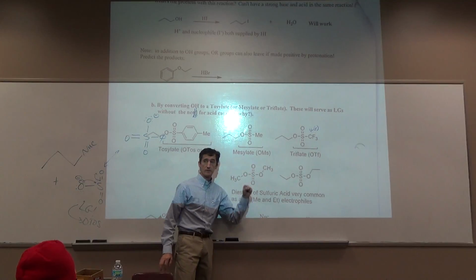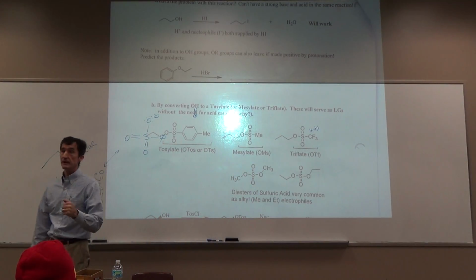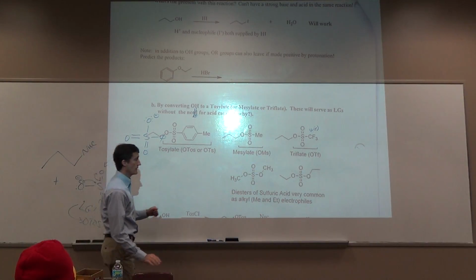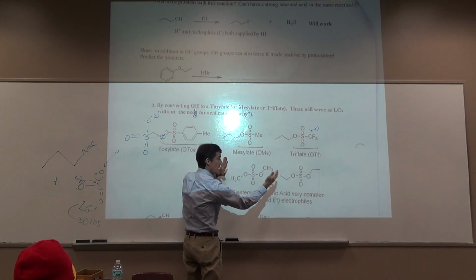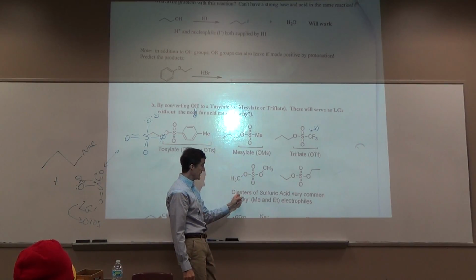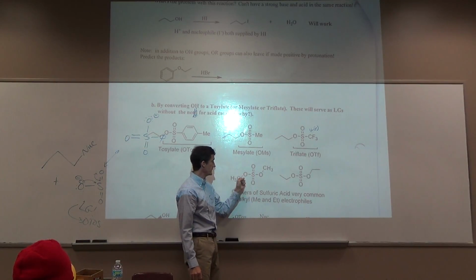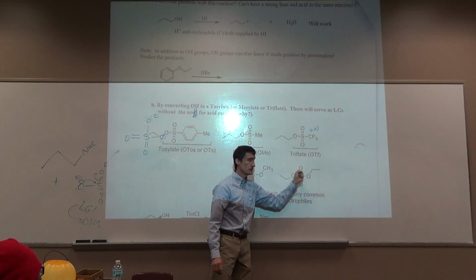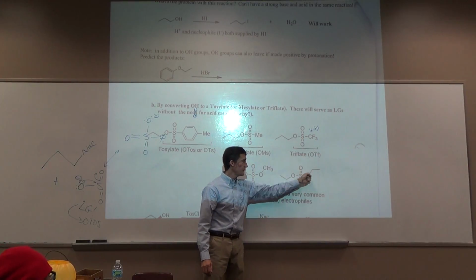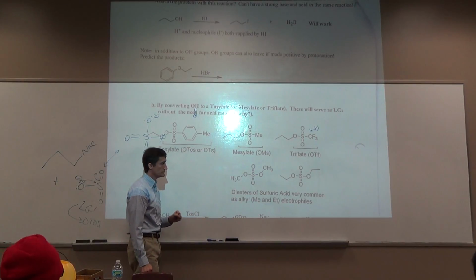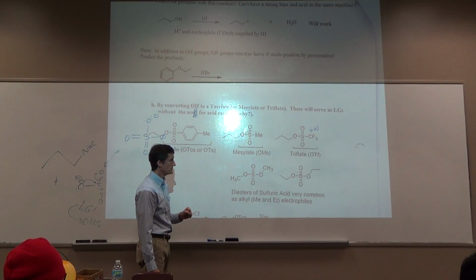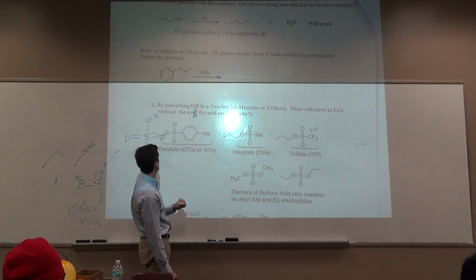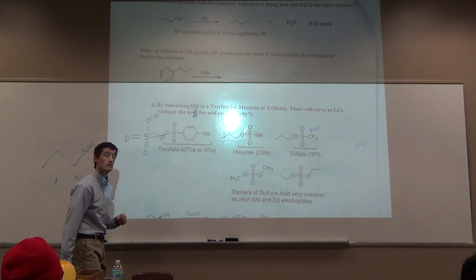But with methyls there, it's called dimethyl sulfate, because if those were anions, that'd be sulfate. If we put a methyl on each anion, we have dimethyl sulfate. It's actually a diester of sulfuric acid. That's the dimethyl ester of sulfuric acid. That's the diethyl ester of sulfuric acid. That's called diethyl sulfate. These are very common electrophiles. The tosylates are very common electrophiles.